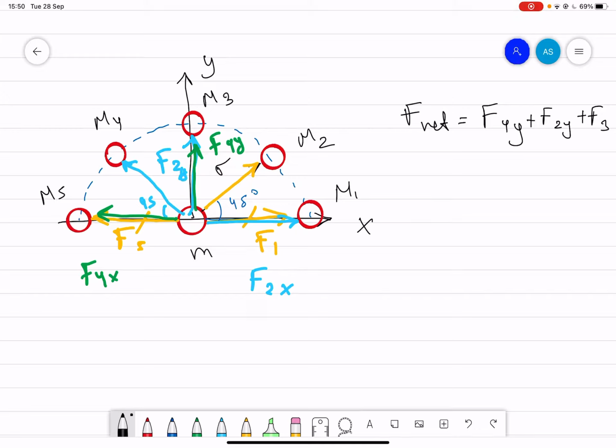Now, so here let's continue. F net: F4y is equal to what?